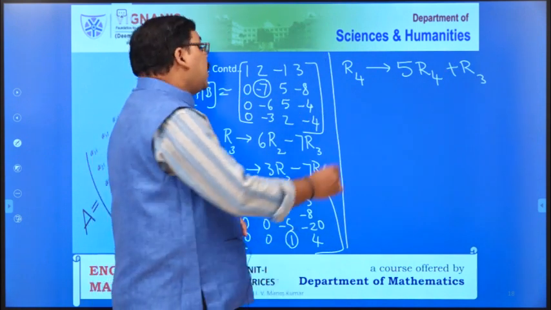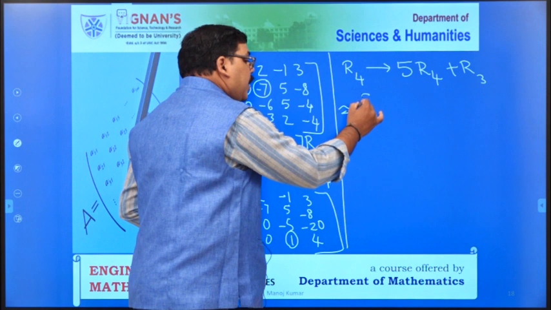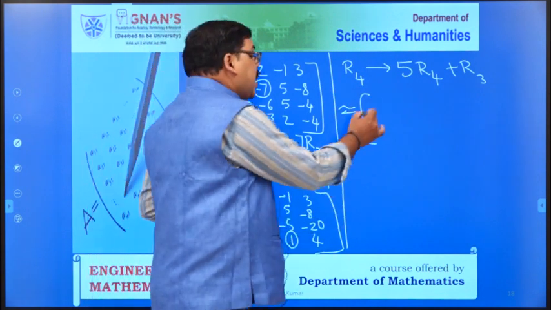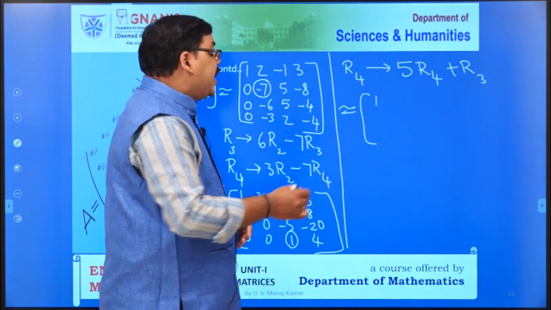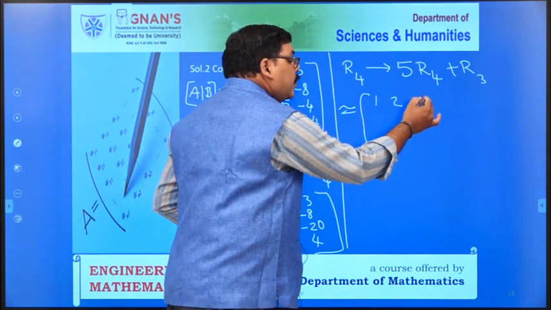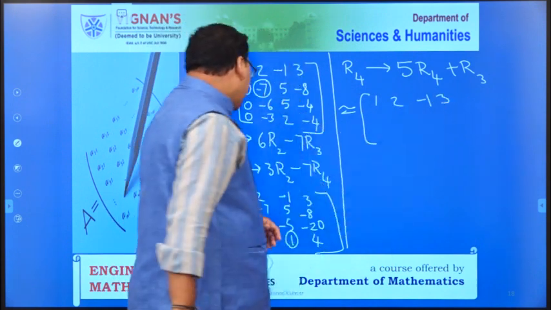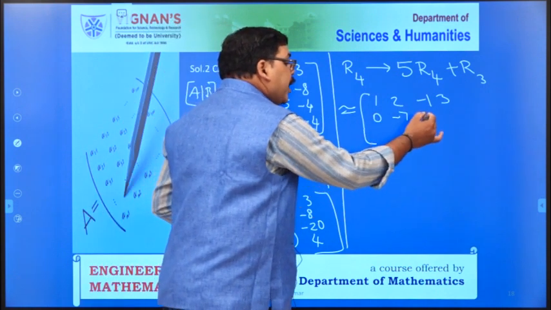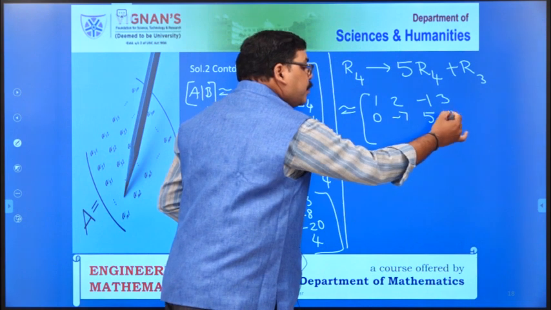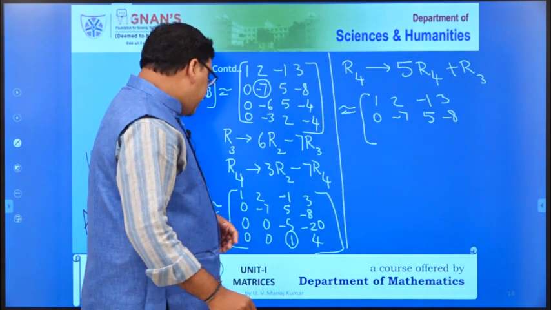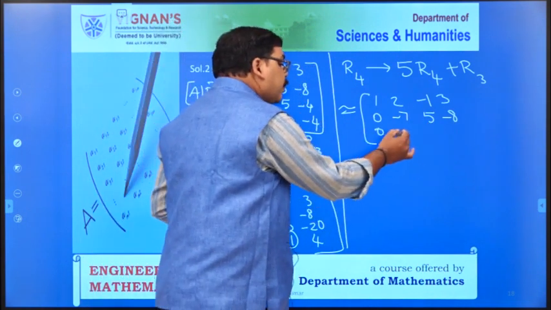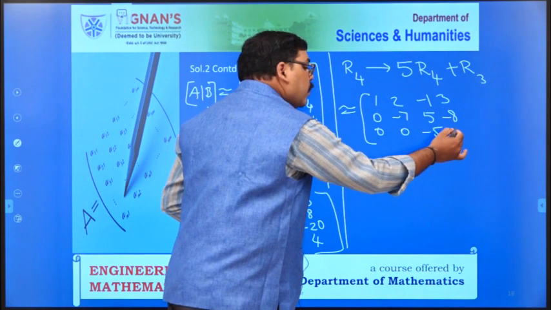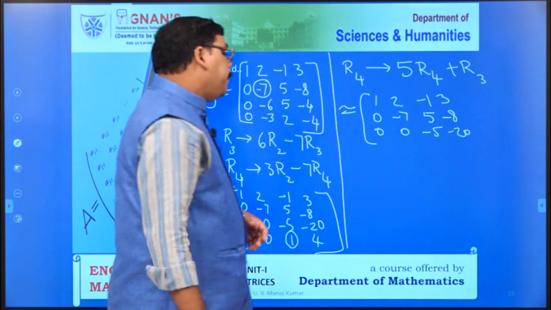When I apply that row operation, only the fourth row is changing, the first 3 rows as they are: 1, 2, minus 1, 3. Second row same: 0, minus 7, 5, minus 8. Third row also no change: minus 5, minus 20.